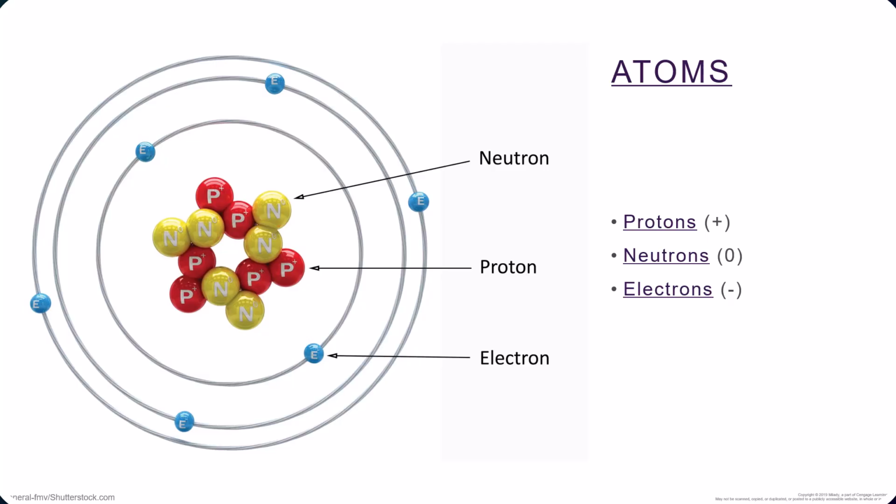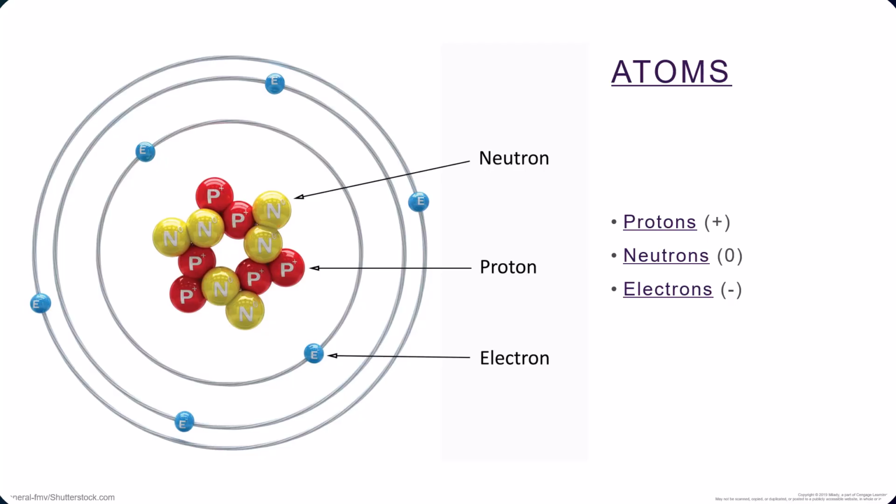The number of protons, those positively charged particles, is what determines the element. So the number of protons an atom has is the element that correlates to the number on the periodic table.